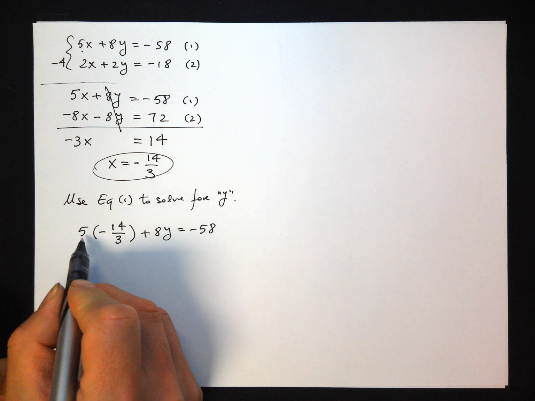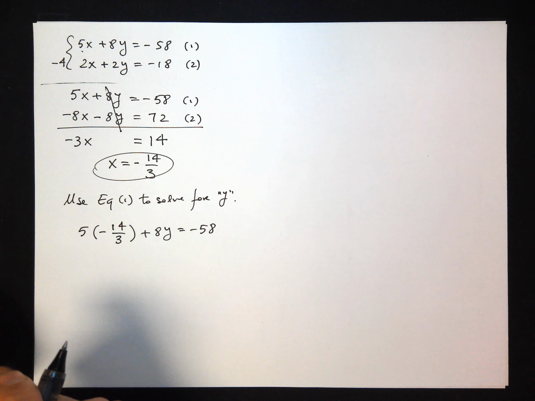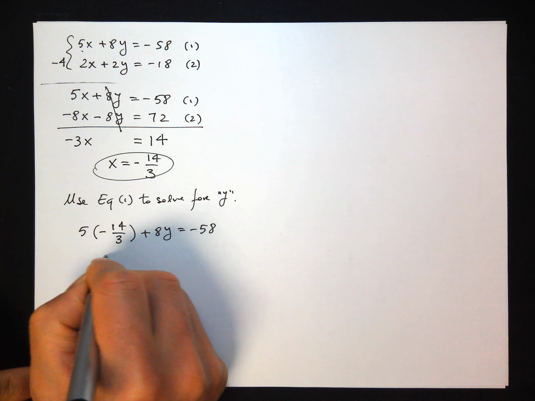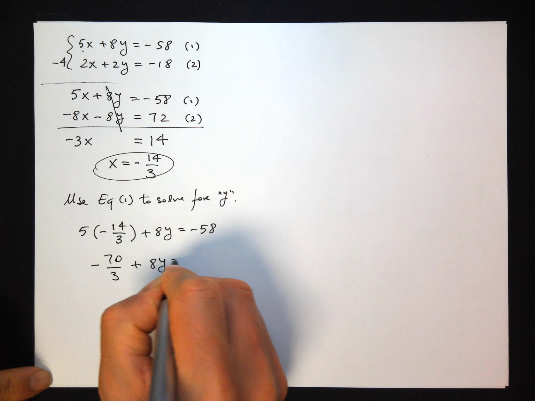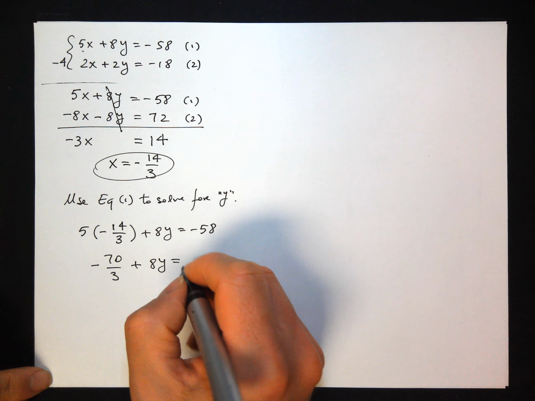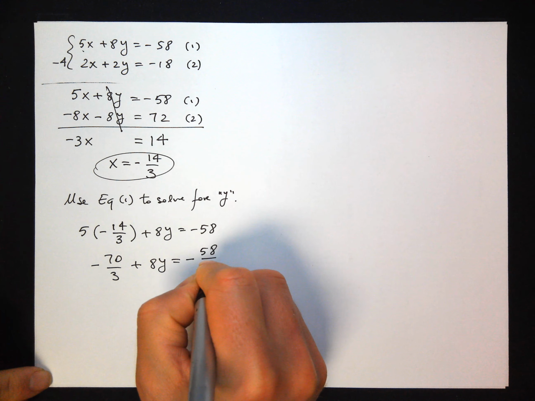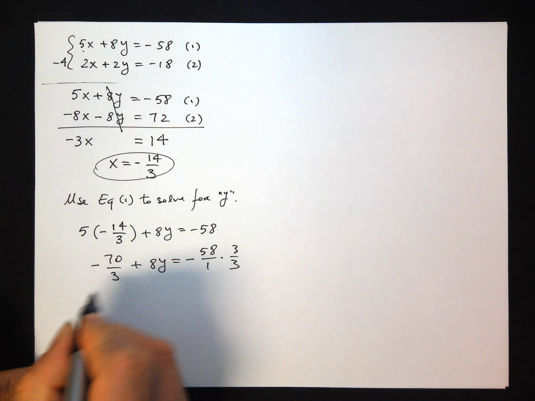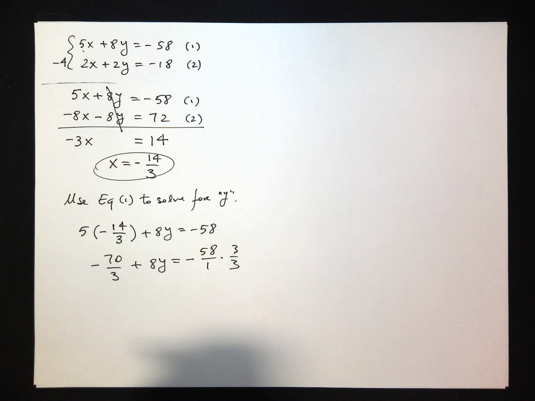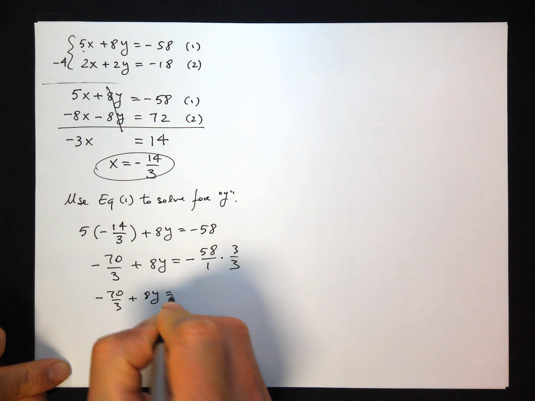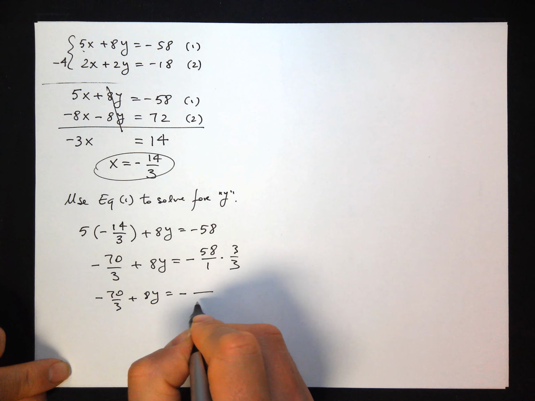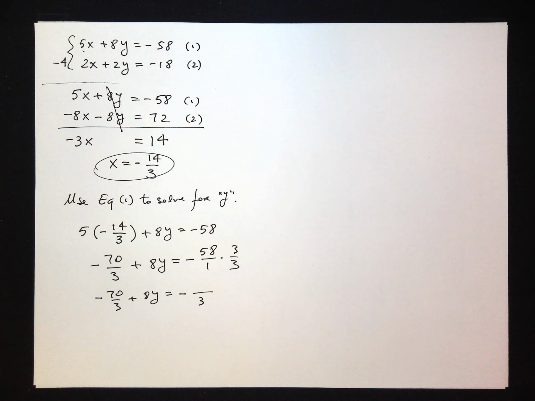So 5 times 14 is 70, so it's going to be negative 70 over 3 plus 8y equals negative 58 over 1 times 3 over 3, so that I can have the same denominator.